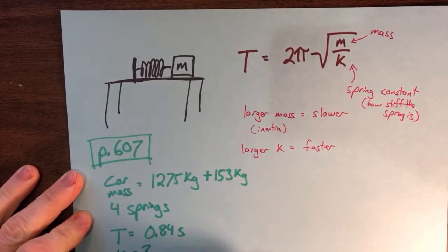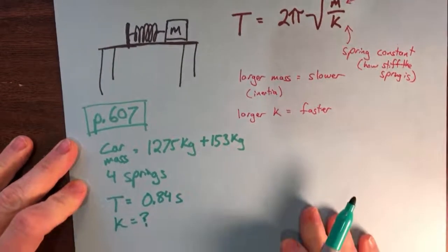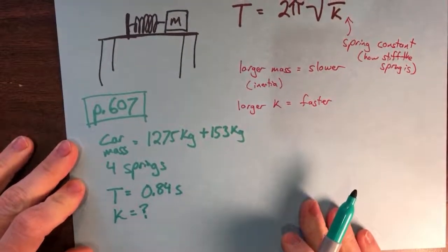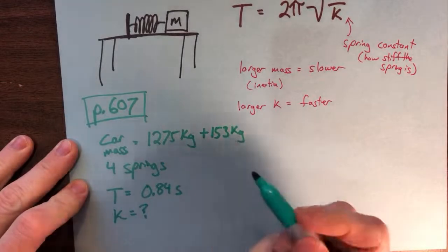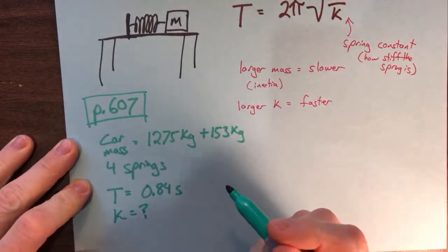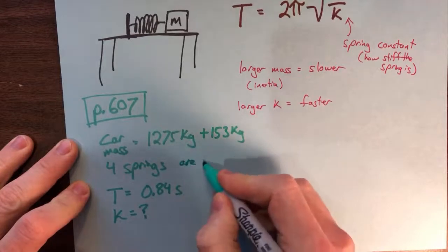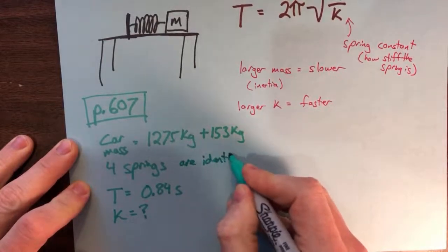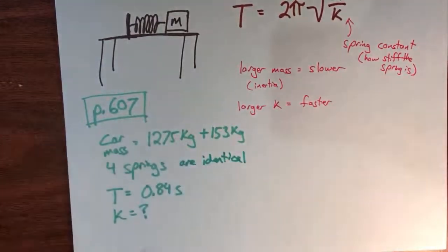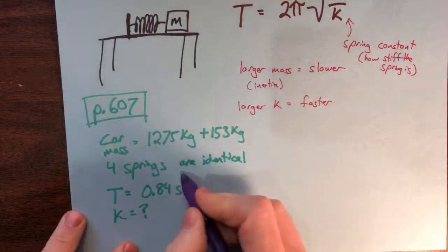Now, in order to solve the problem, we do need to make a couple of assumptions. And first of all, we need to assume, and I don't think it says it here, that these 4 springs are identical, right? Because if they're different, obviously we have no way of telling which ones are stiffer and which ones are less stiff. And so that's kind of a necessary assumption.